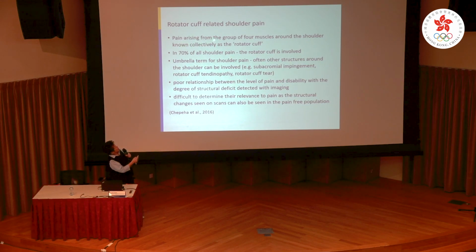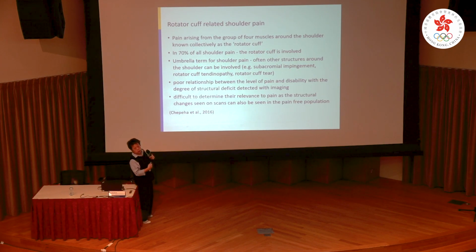So basically, pain arising from the group of muscles which are the rotator cuff, which we've talked about, and hence the term rotator cuff. In 70% of all shoulder pain, the rotator cuff muscle is involved. It is an umbrella term now used to describe shoulder pain. Often structures around the shoulder can be involved.